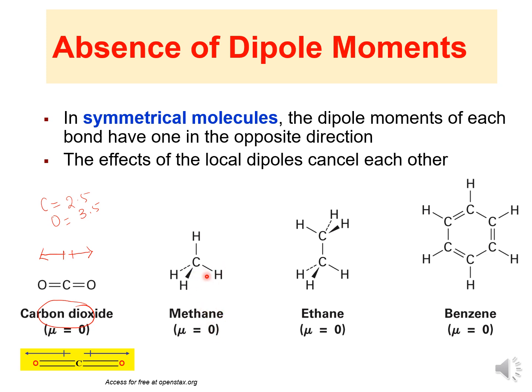For example, methane, ethane, and benzene only have carbon-hydrogen bonds or carbon-carbon bonds, so they do not have any polar covalent bonds. Remember that to have a polar covalent bond, the difference in electronegativity between the atoms which form the bond should be between 0.5 and 2.